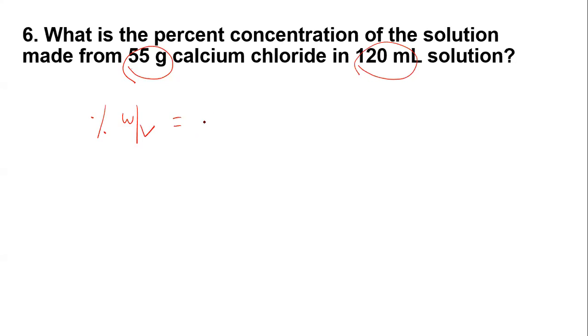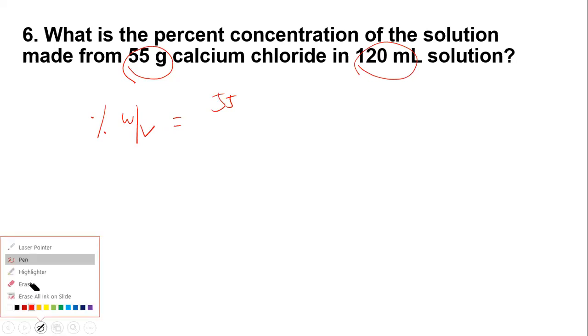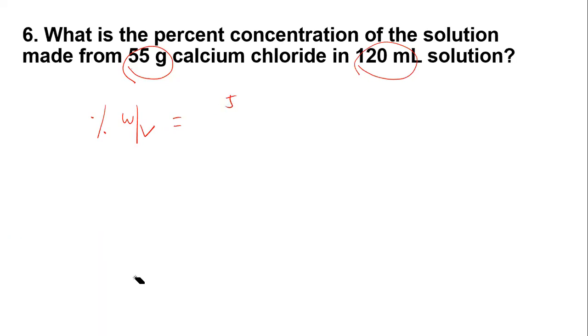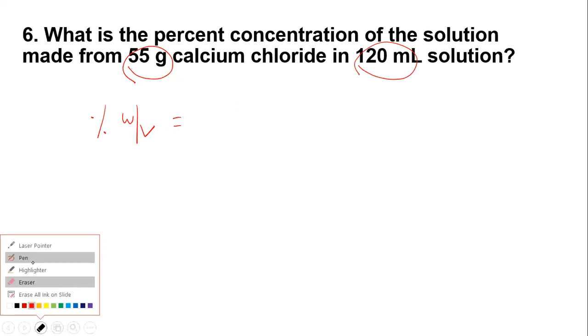Okay, so what is the formula for percent weight over volume? We cannot use the second formula in the video lecture because that's for solving the weight of the solute. Here we are solving for the percent concentration itself. That is why we're going to use the first formula for percent W over V. Let us be organized, so I'm going to write the formula first so you get used to how to answer the quiz.